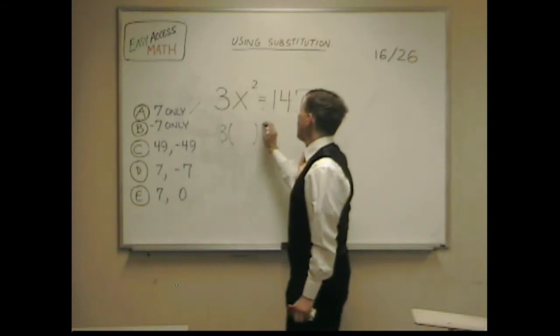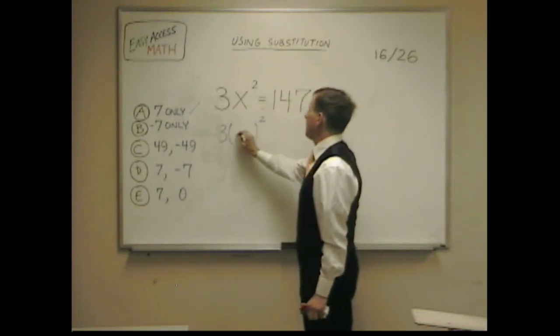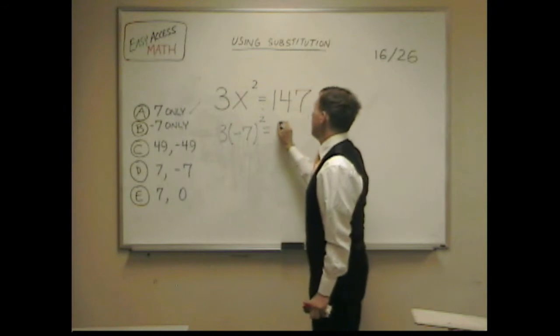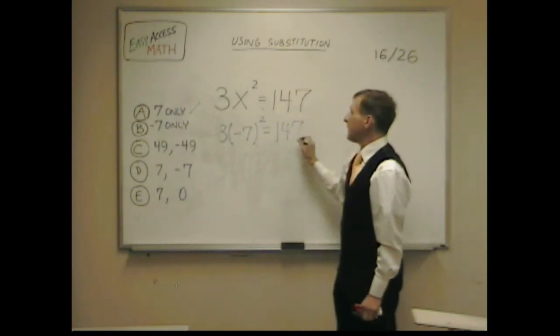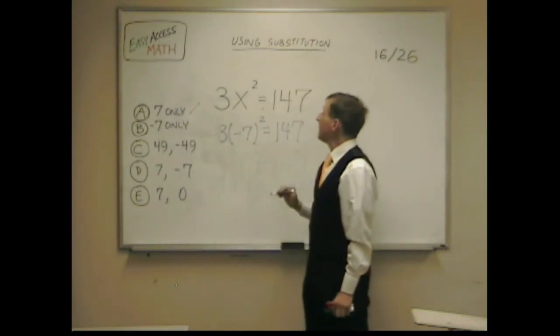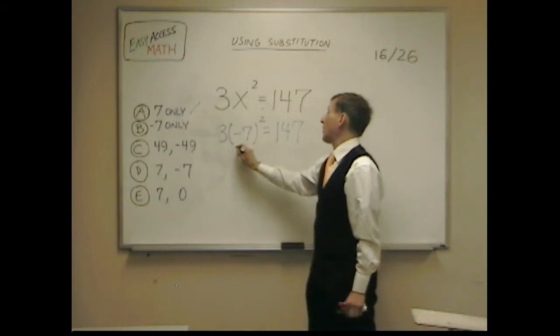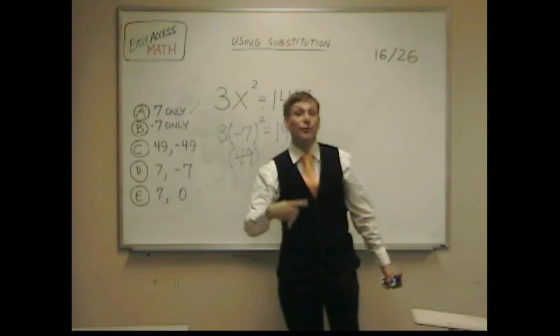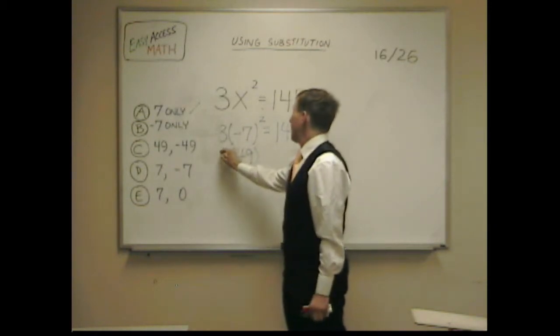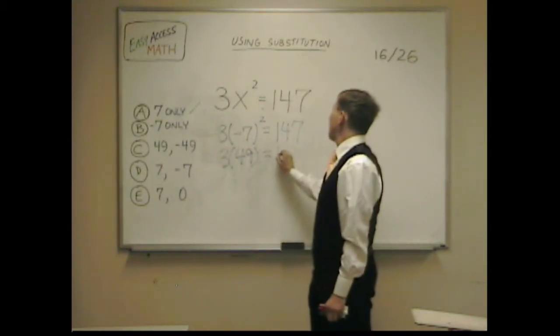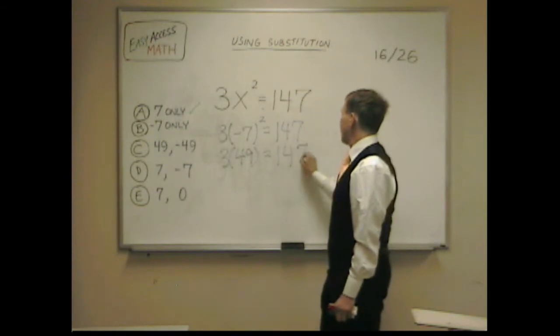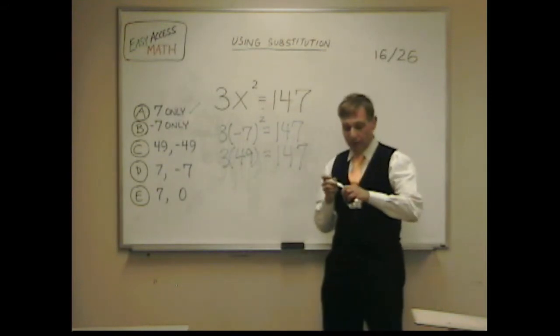So I have 3x squared again, and I'm going to try negative 7 equals 147. Negative 7 times negative 7 is 49, because 2 negatives turn positive. 3 times 49 works out to 147. That also works.